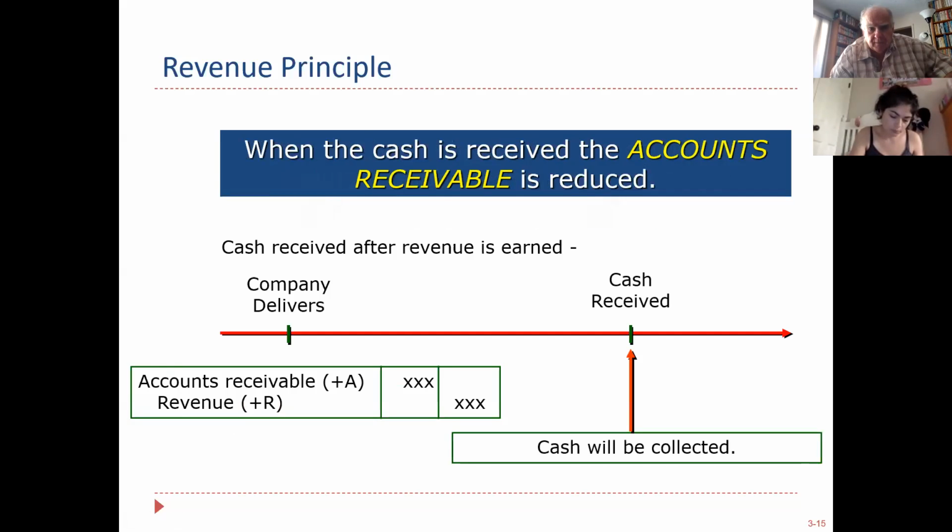Okay? And then when we pay Papa John's, they are going to debit the cash and credit the accounts receivable when we pay them. Okay? Revenue does not necessarily follow the cash.